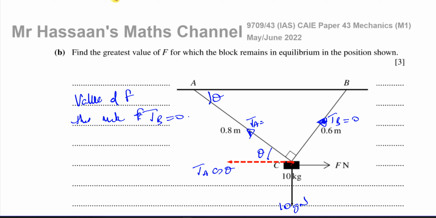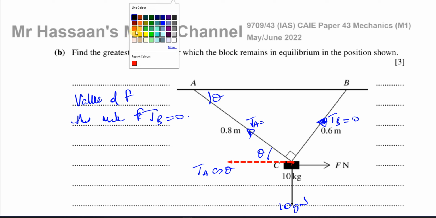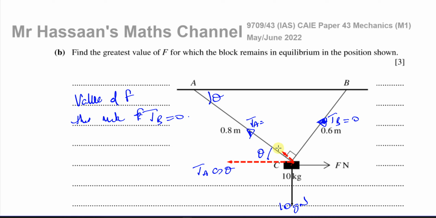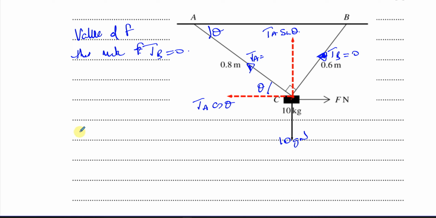So we can work out what TA has to be for when that happens by resolving this force vertically. That's going to be TA times, going away from the angle, sine theta. So if we resolve the forces vertically, we have TA sine theta.